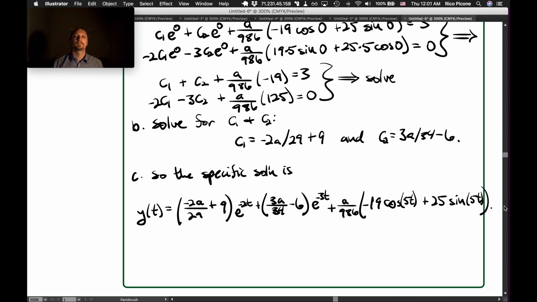Boom. And that's it. That's the whole thing. I almost fit it on there. So that's the entire solution, the specific solution.